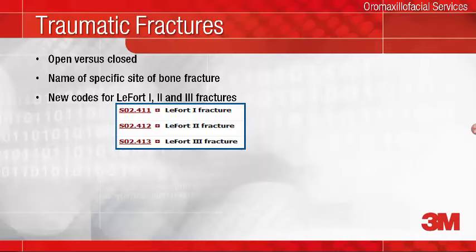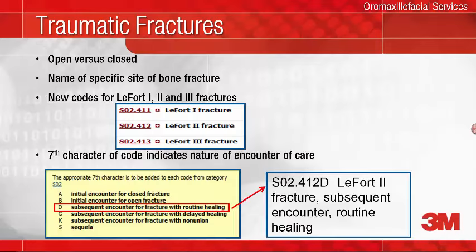Traumatic care codes have a 7th character that indicates whether the encounter for fracture care is the initial encounter of care, or a subsequent encounter of care for a fracture that is routine healing, has delayed healing, or non-union, or an encounter to address fracture sequela.